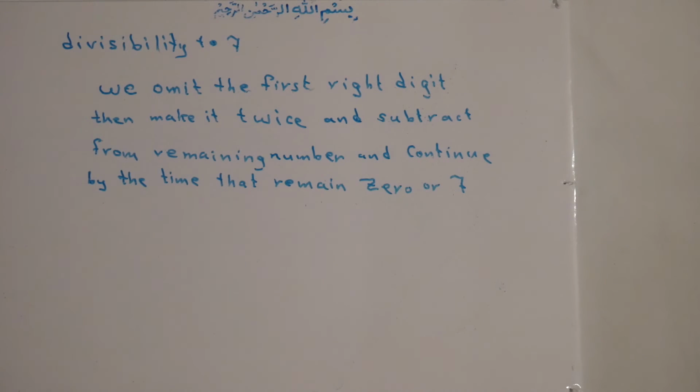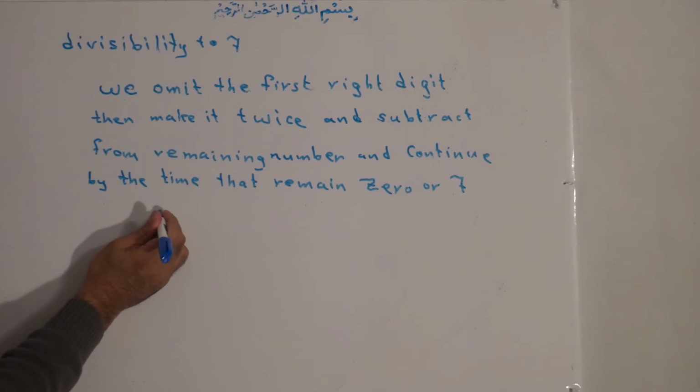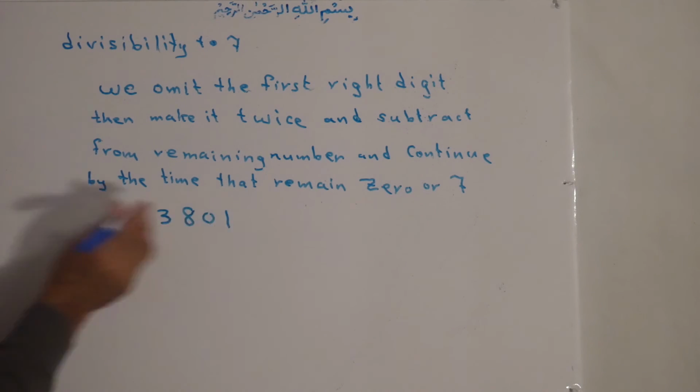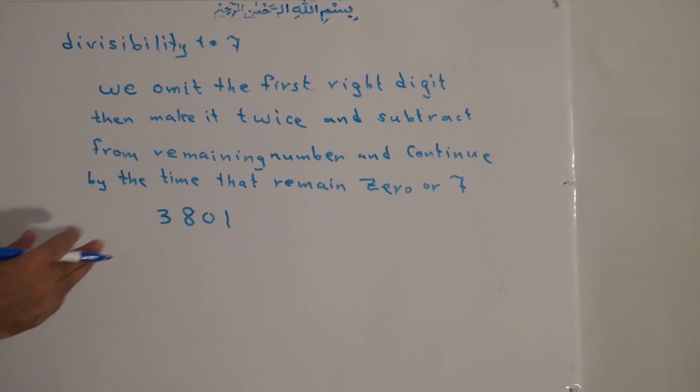Otherwise, it's not divisible by 7. Now I shall use some examples like 3,801. We see whether this is divisible by 7 or not.